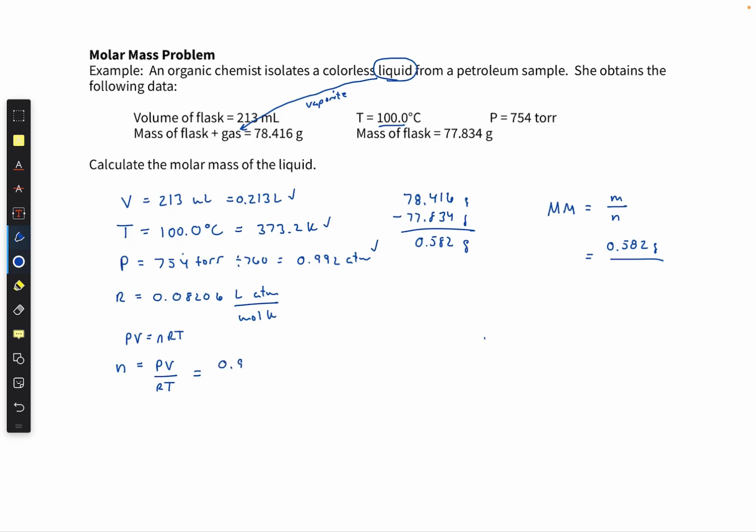So 0.992 times our volume of 0.213, divided by our constant, 0.08206, and our temperature of 373.2. When we divide all of that out, we get 0.00690 moles.